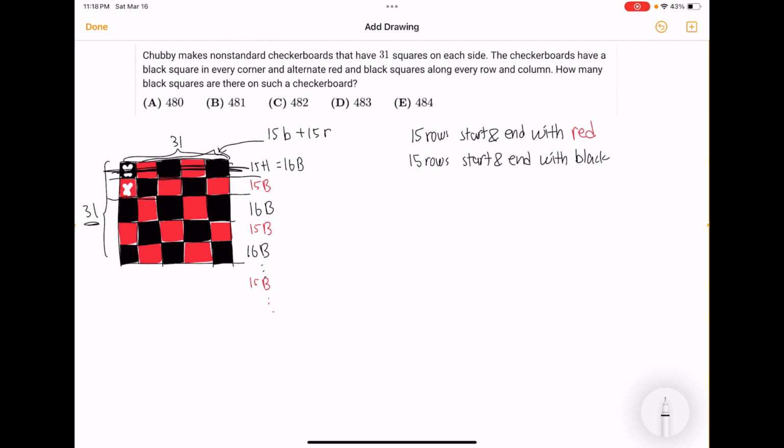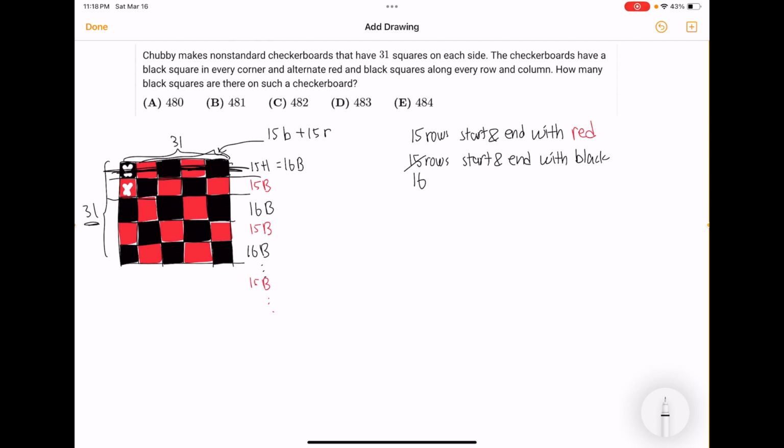However, don't forget that we did take off one of the rows, this one that we crossed out right here, and so we need to add that back. So we still have 15 rows starting and ending with red, and now we have actually 16 rows starting and ending with black, because the one that we just added starts and ends with black.